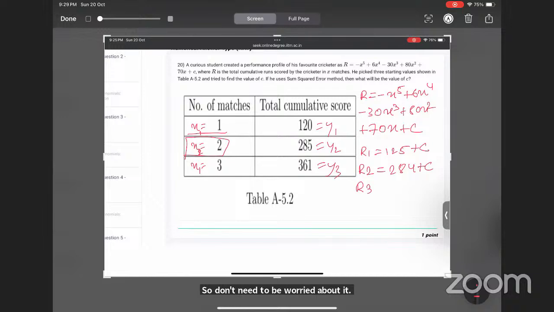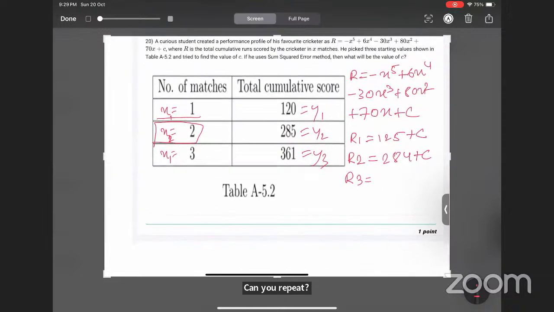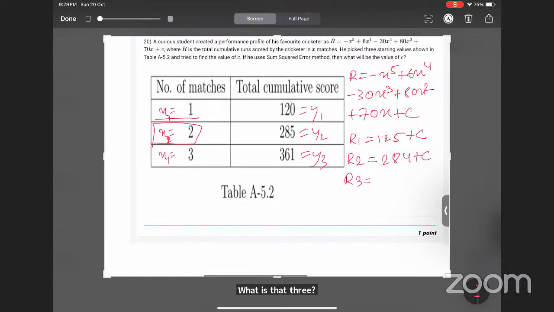What is R3? That means you have to put 3 instead of X. So what is R3? This is calculating, ma'am.